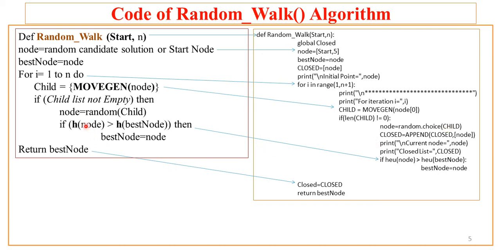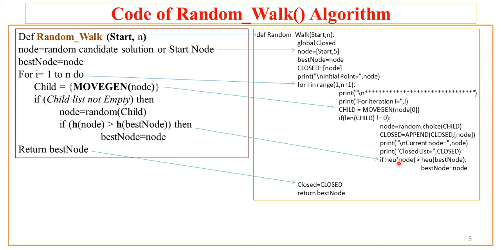Now if the heuristic of the current node is better than the best node heuristic, then the best node is modified to node. These two steps are coded as if HEU, which is the heuristic function we have seen in the earlier slide.